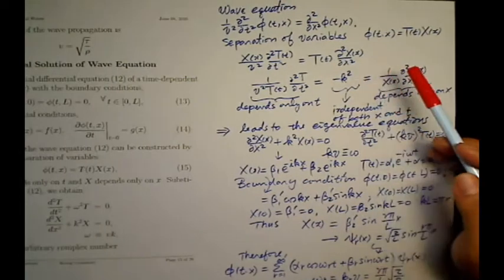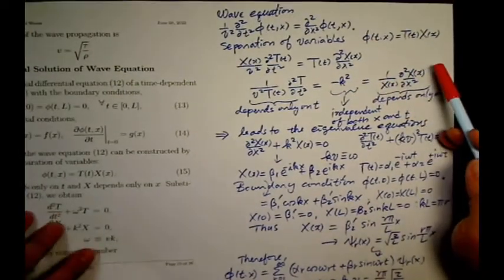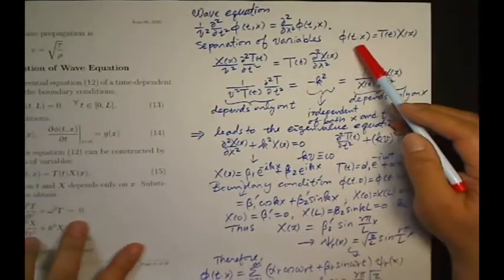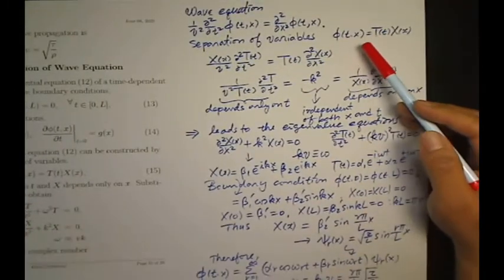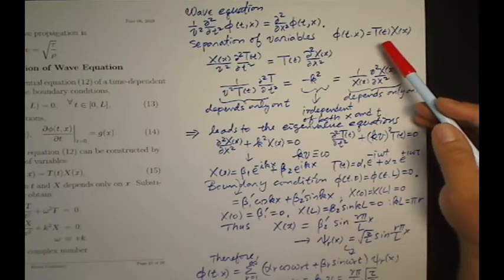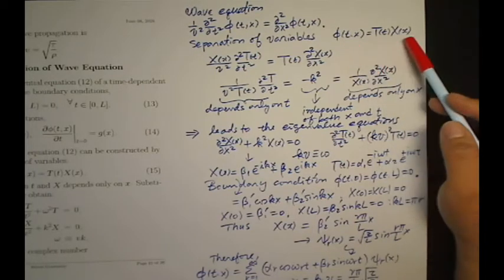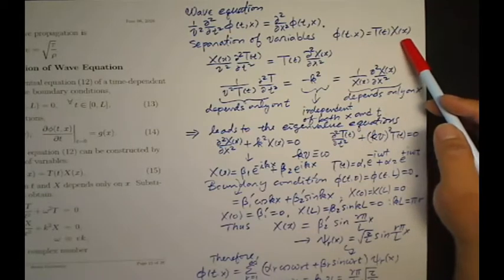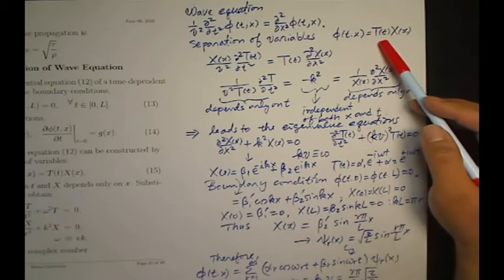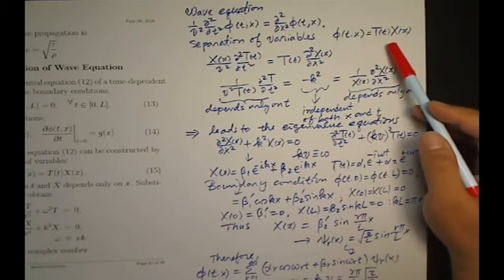Separation of variables means that we introduce a known function as a trial function, as a product of two functions. Each function is a single-variable function, so there's no mixture of two variables in the middle.